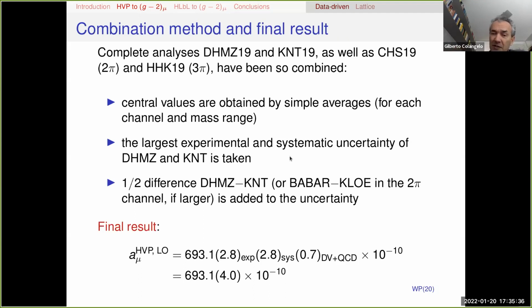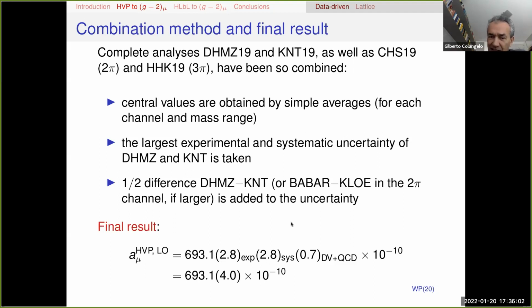The largest experimental and systematic uncertainty of these 2 analyses was taken. And whenever there was a significant difference between the 2 analyses, or in the 2 pi channel between BaBar and KLOE, half of this difference was added to the total uncertainty, so that the final result is written here.